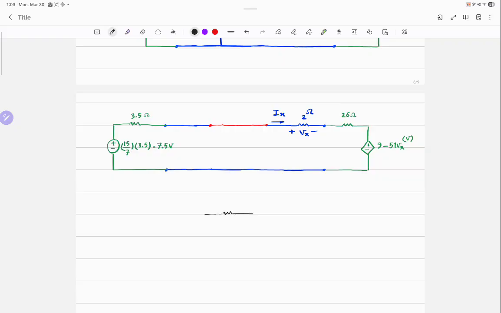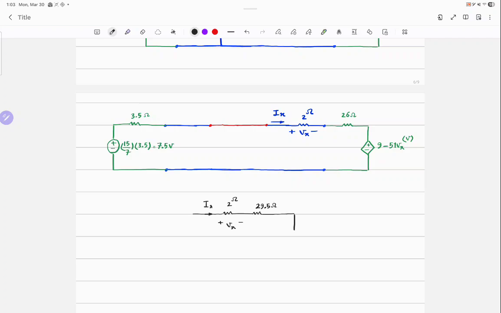this is what I'm going to have. I have a resistor that is 2 ohms, and here is Vx, here is Ix. I have another resistor which is a combination of 26 ohms and 3.5, which is 29.5 ohms.